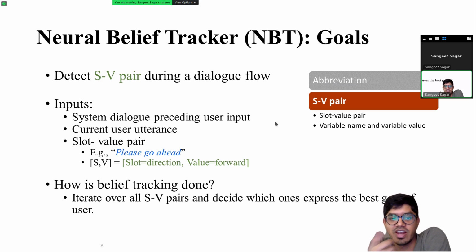So we are talking about the direction here, and this variable will have a value, since the goal is to move forward, so the value will be forward. Once it takes these inputs, it iterates over all possible slot value pairs and decides which one best expresses the user goal, and we'll see in further slides how this is done.